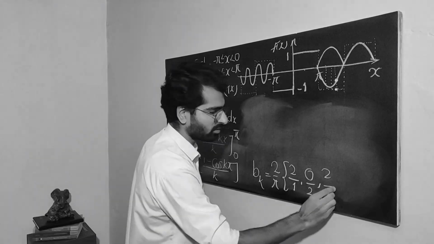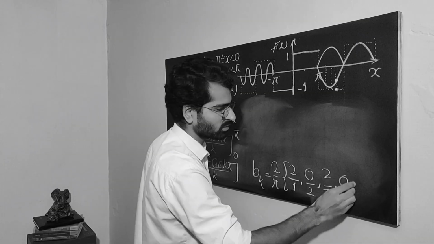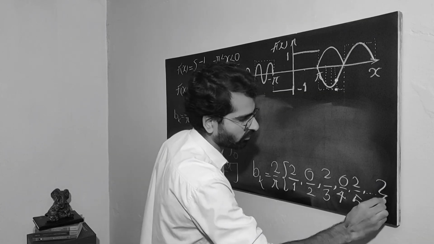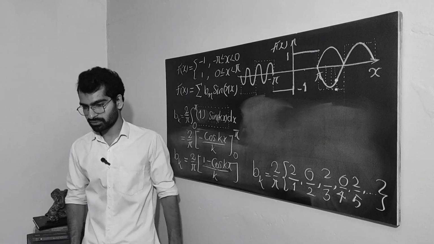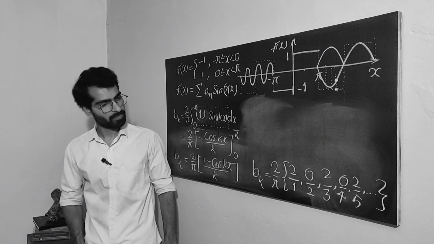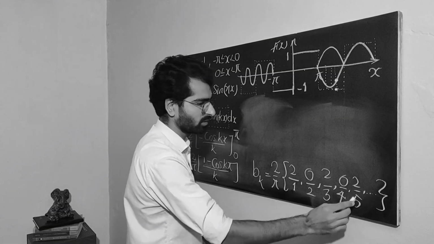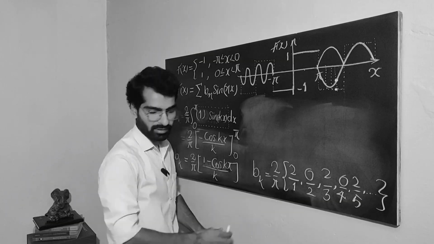And so this pattern will move on. Next term will be 0 over 4, and next term will be 2 over 5, moves forward like this. And these are the amplitudes that we were looking for. This is B1, B2, B3, B4, B5, and of course this is also the part of those amplitudes.